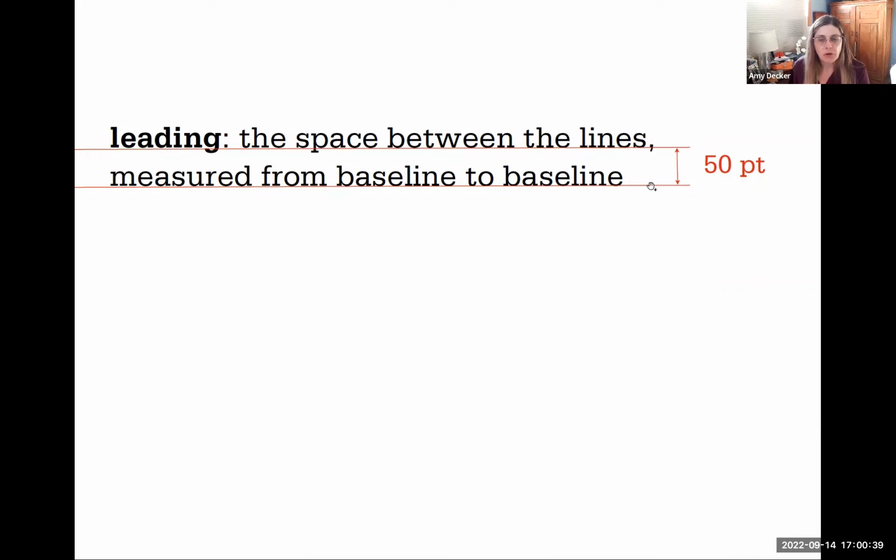This is going to be really important when we start using our type ruler, because we're going to be looking at leading, and we're going to be using this ruler to help us measure. So baseline to baseline, every line of type sits on a baseline. And so it's the space between lines that will be important to know.